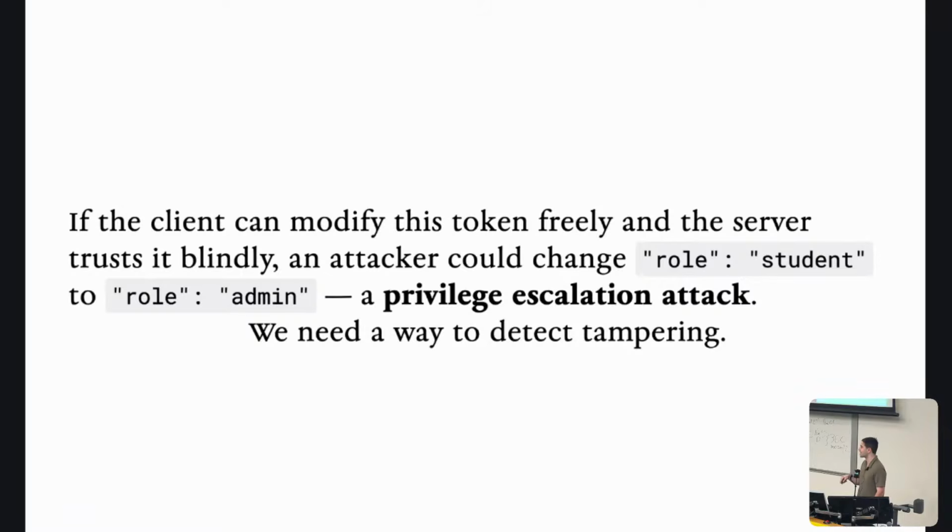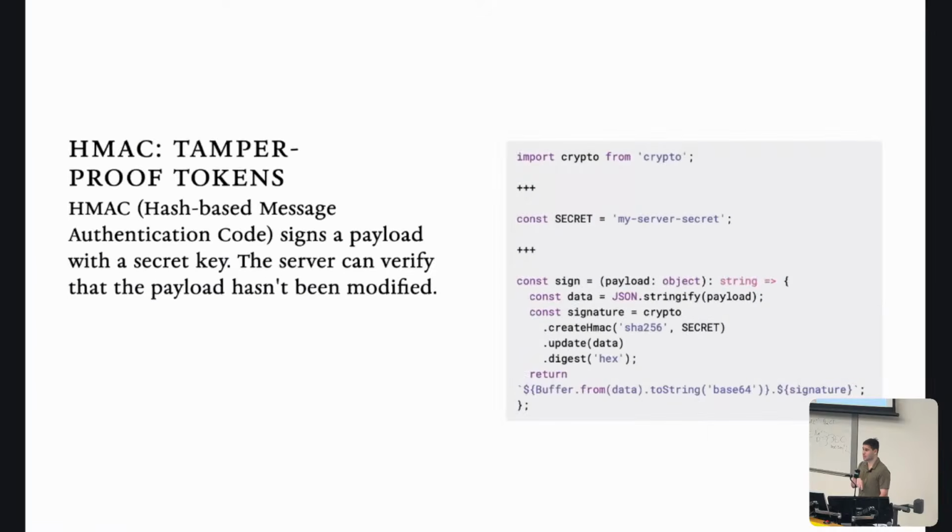So we need to detect if our authentication tokens are tampered with. And tampering might be from the client, the user, or from someone in the middle, right? We don't know. Okay, so we have this concept of tamper-proof tokens, or hash-based message authentication code. Very cool because we're using this idea of hashing that we've previously discussed.